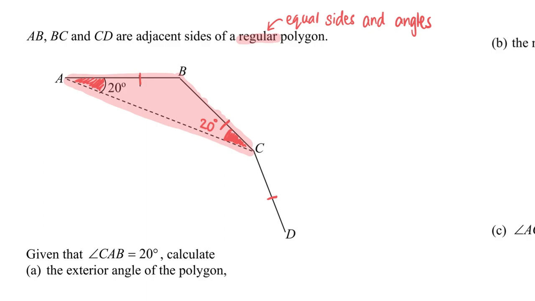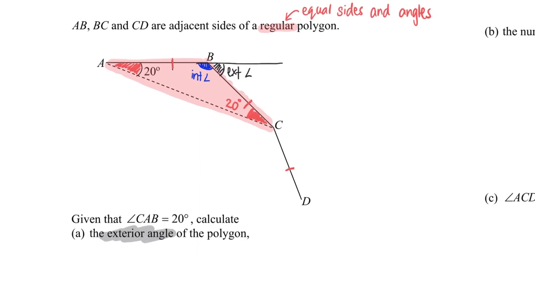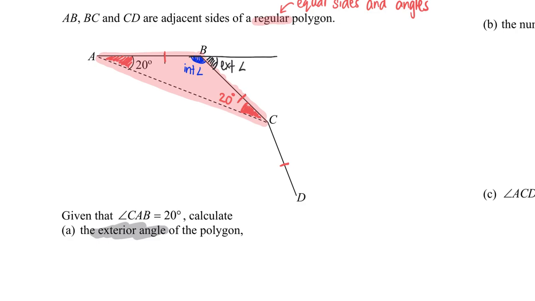This will be useful later on because we are able to get the interior angle of this polygon. Okay. So this will be our interior angle of the polygon. And if I were to draw a straight line, this will be the exterior angle of the polygon, which is what is required for part A. So step 1, let's start the working.